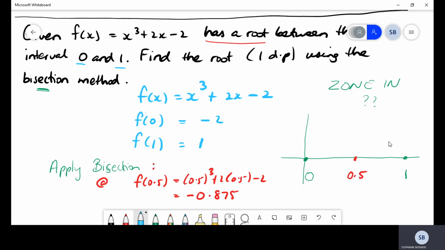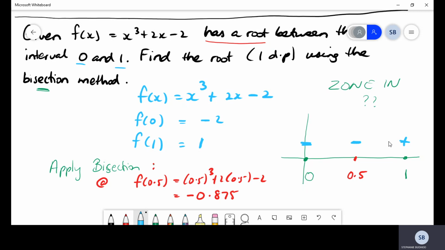When we found f of 0, the value was negative. When we found f of 1, the value was positive. So notice that a root exists between two signs that are opposite from each other. When we substituted the value of 0.5, we got a negative sign.